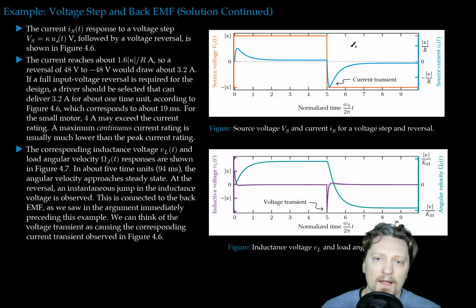And in the second graph, we have the inductive voltage, VL, in purple, and in teal, we have the angular velocity, omega j.